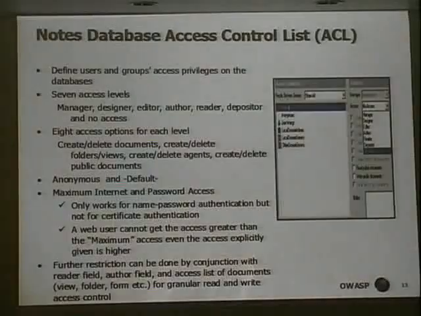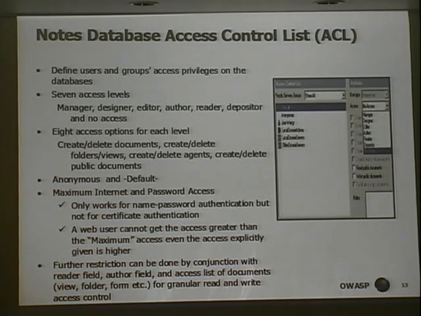However, the maximum internet name and password access is reader. So when I try to access this database over the internet using name and password authentication, I cannot get manager access at all. I only get reader access. But if I use SSL client authentication, then I can get manager access. So it only works for name and password authentication. But I think it's a good feature though.